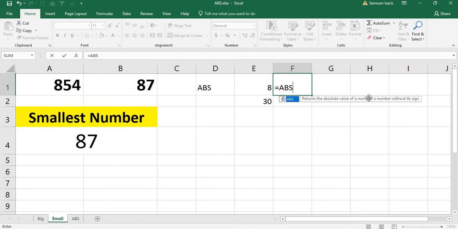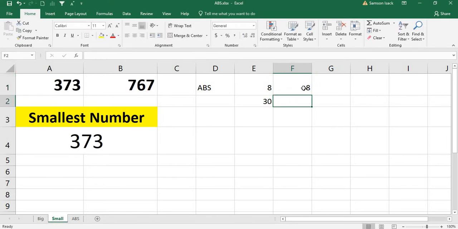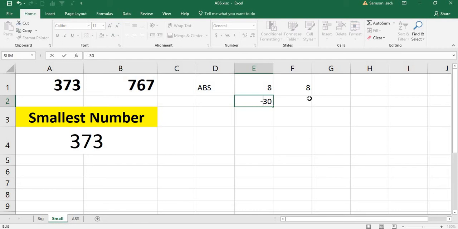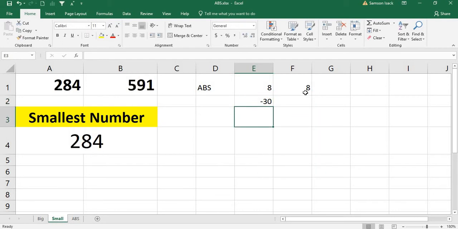ABS of 8 is obviously 8, because it doesn't have any sign. What if I have minus 30?